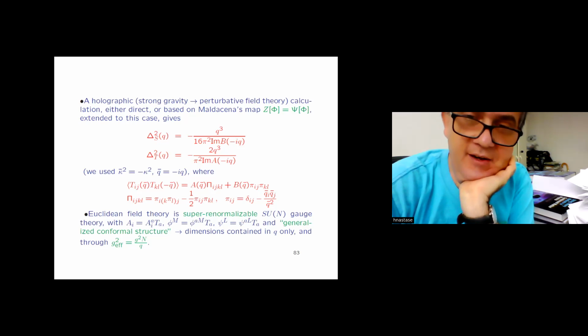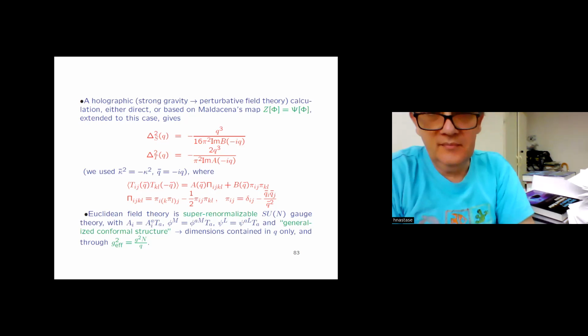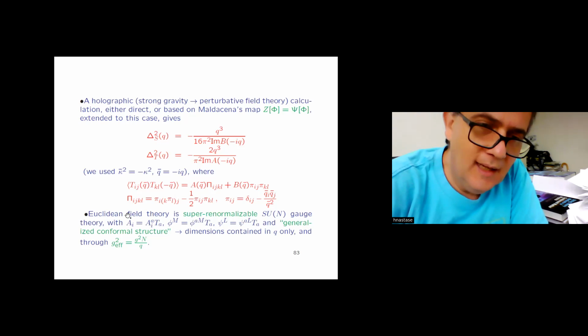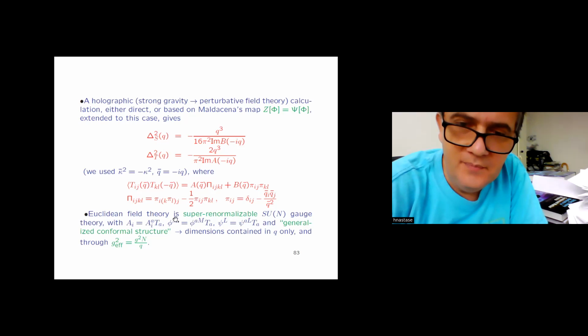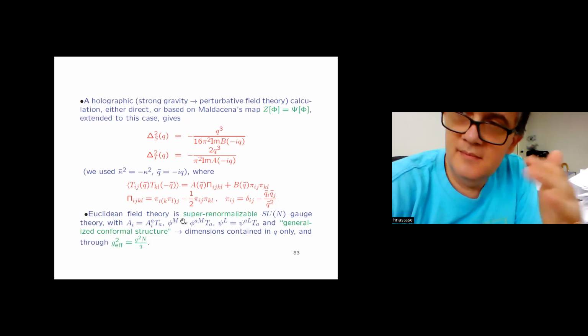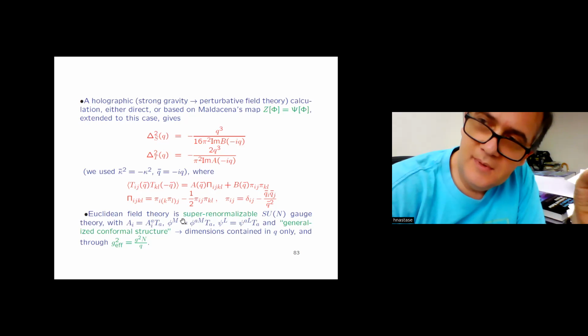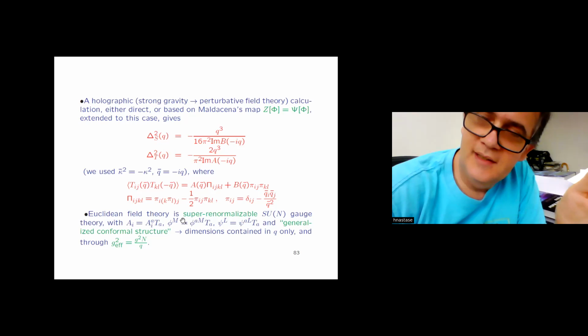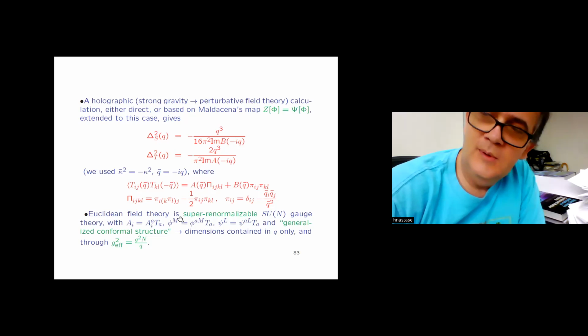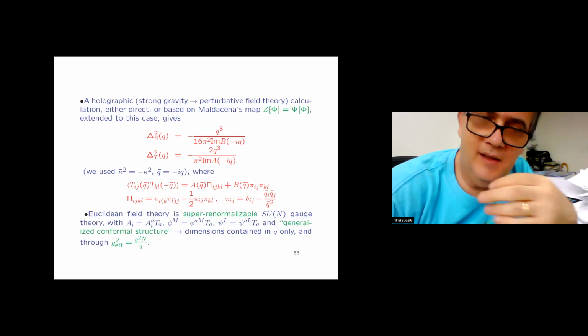More precisely, what is the theory in which we calculate that? Well, we will calculate in a Euclidean field theory, Euclidean because, as we said, it's a double Wick rotation. So if we do just one Wick rotation, the X, Y, and Z of cosmology correspond to the coordinates of field theory.